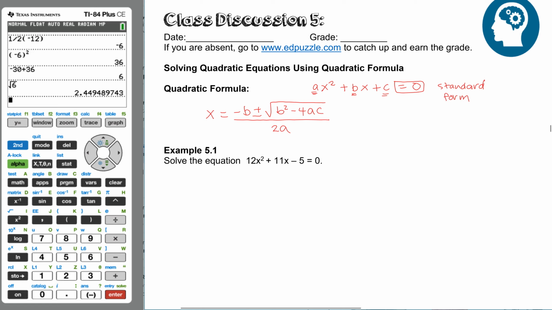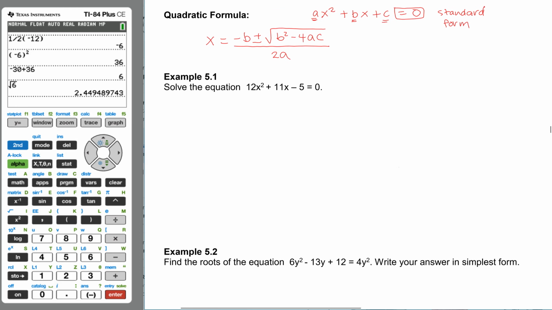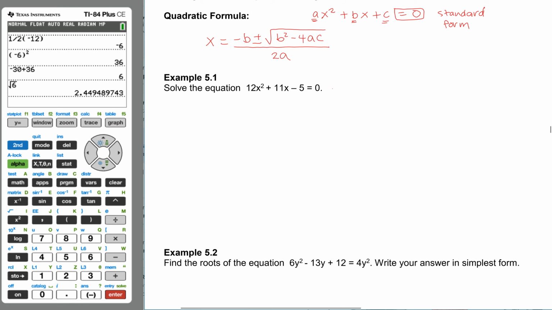Okay, let's have now example 5.1. Solve the equation 12x squared plus 11x minus 5. Since this one is already in the standard form, ax squared plus bx plus c equals 0, we can now identify the values of a, b, and c.